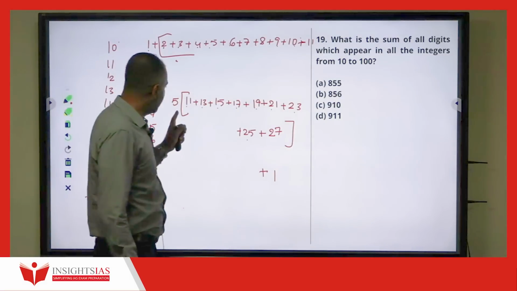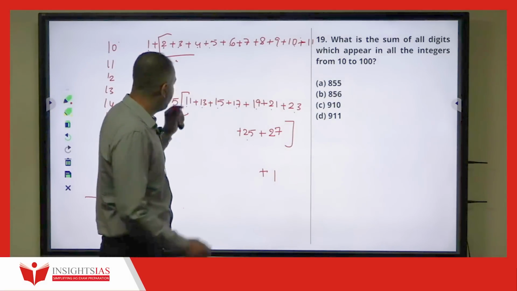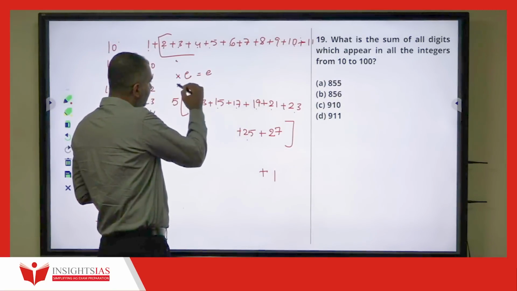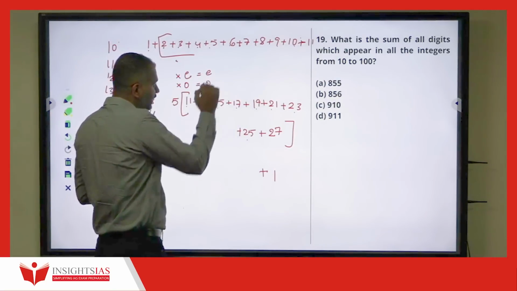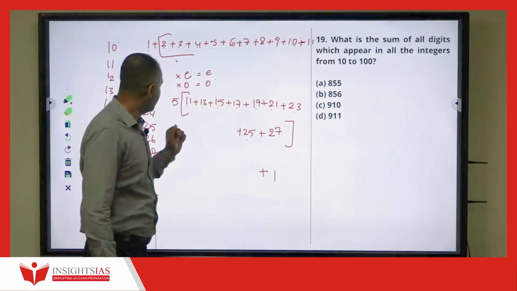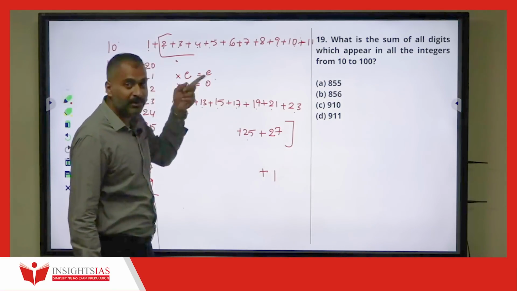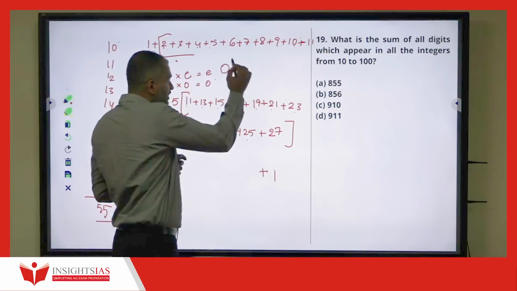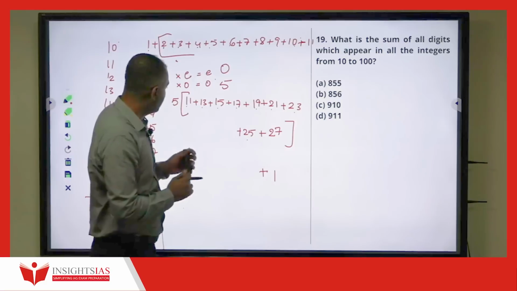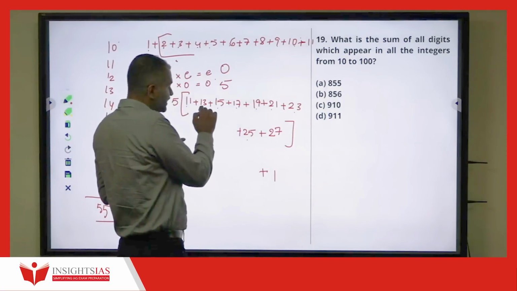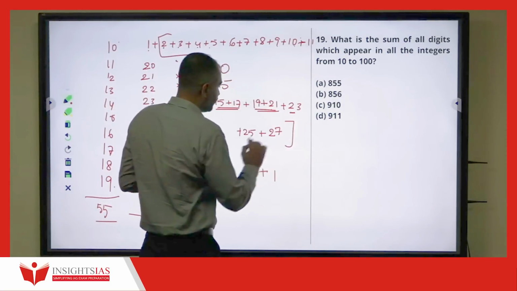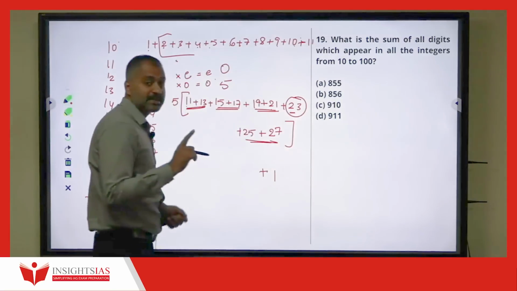Now see, 5 multiplied with even gives an even number. Multiplied with odd, you will get an odd number. Odd number means 5 when multiplied with an even number gives 0, and 5 when multiplied with an odd number gives 5. Now this and this are even, the sum of these two is even, the sum of these two is even, and only one thing is left out, which is odd.